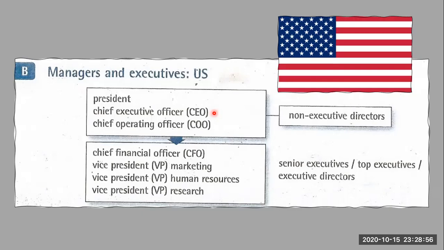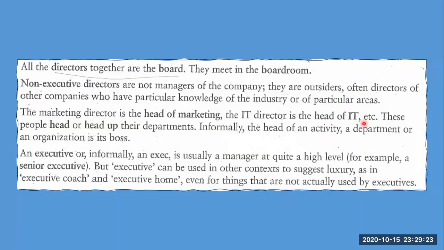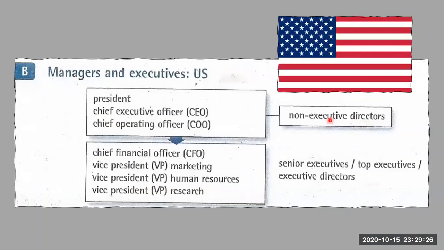Another way to call it could be Chief Operating Officer. So this O means officer, and this C in both abbreviations means chief. Next to them, we're going to have non-executive directors, pretty similar to this one, people working together with them, but not directly with other managers.